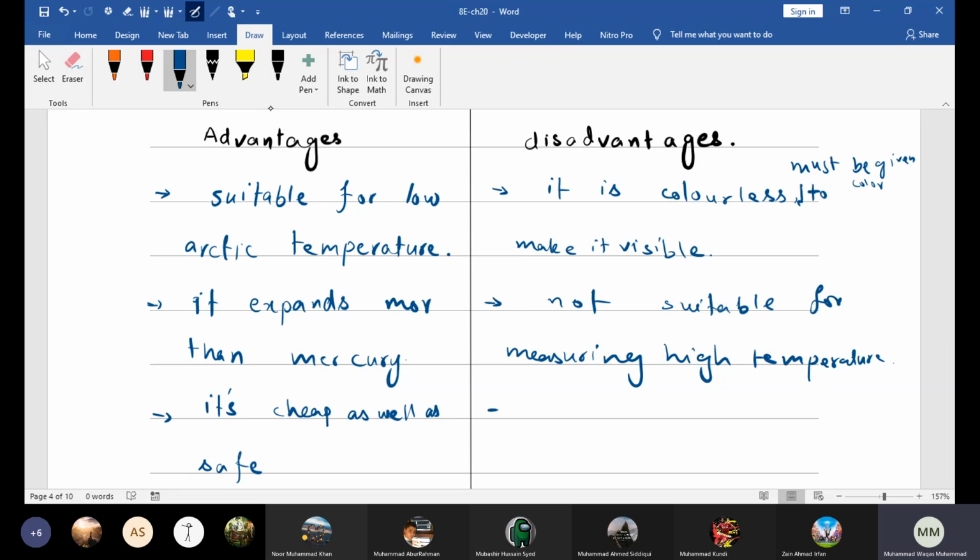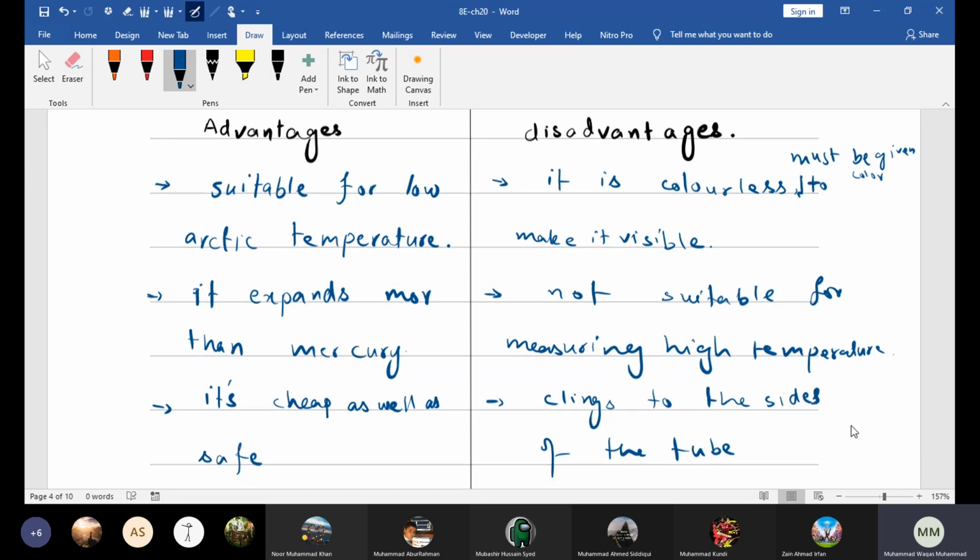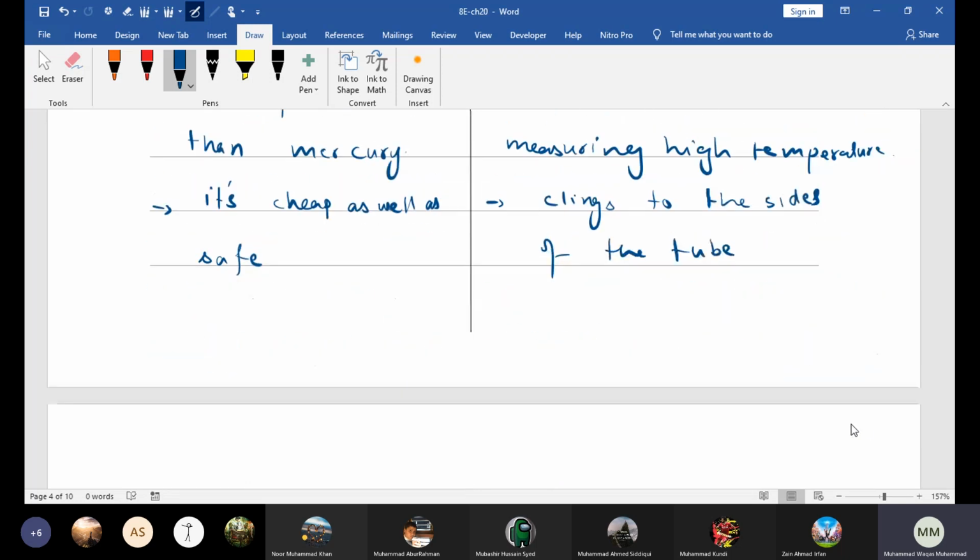And beta, it clings to the side, it sticks to the side of the tube. And the thread has a tendency to break.